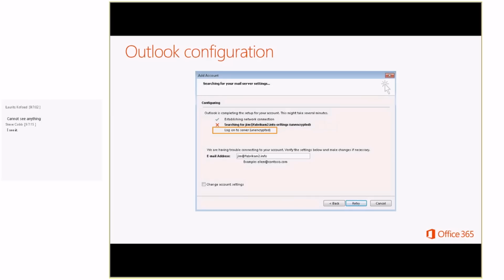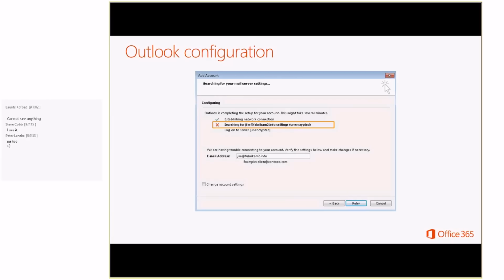Then once the client has the settings, it attempts to connect using either Outlook Anywhere or MAPI over HTTP, depending on what was returned. For this webcast, we're going to focus on that second step, where it's searching for user settings, why it fails, and some of the steps for troubleshooting it.